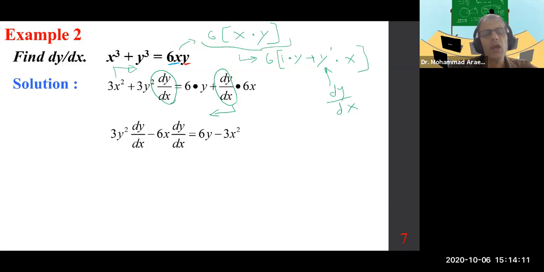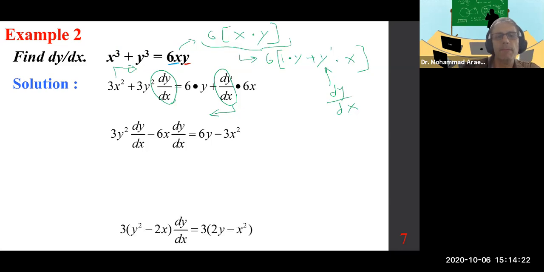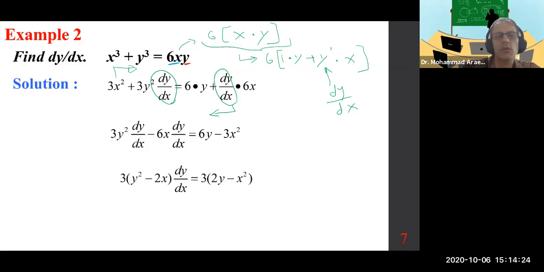We are going to solve for dy dx, and we notice there's a common factor of 3 on both sides. We factor the 3 dy dx on the left. And notice what happens. The 3 and the 3 cancel out.